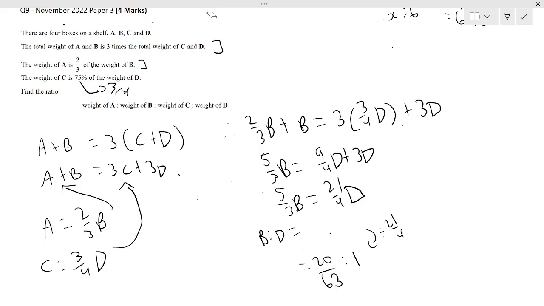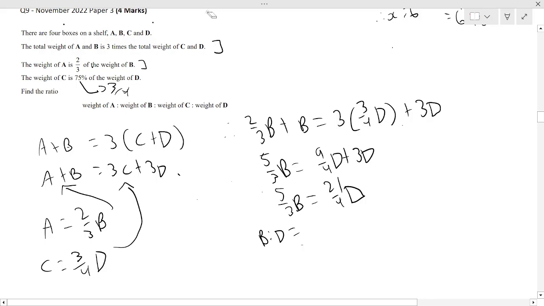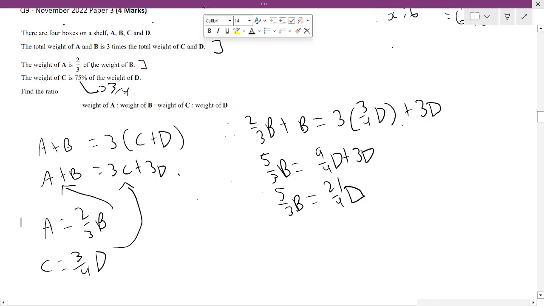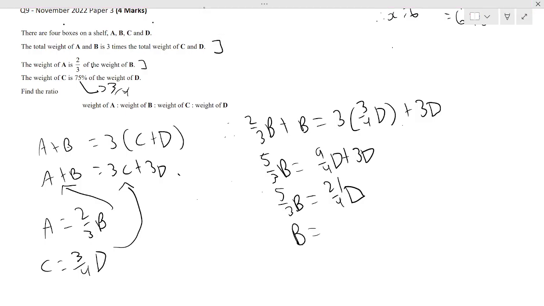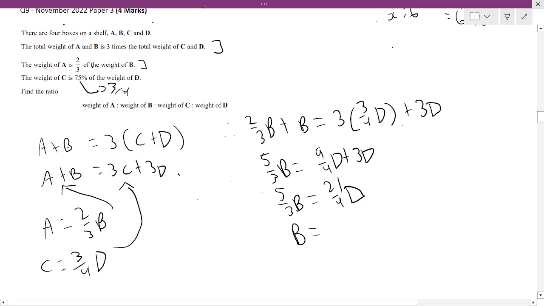My apologies. I'm going to stick with what I was going to do before. So I jumped a step there. There's two fractions on both sides, so I'm going to simplify it to just say B, and then I'm going to divide by 5 over 3. So 21 over 4 divided by 5 over 3.